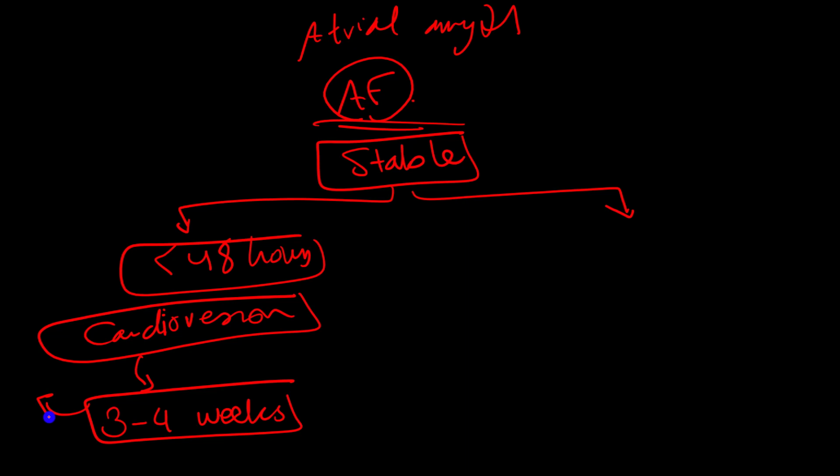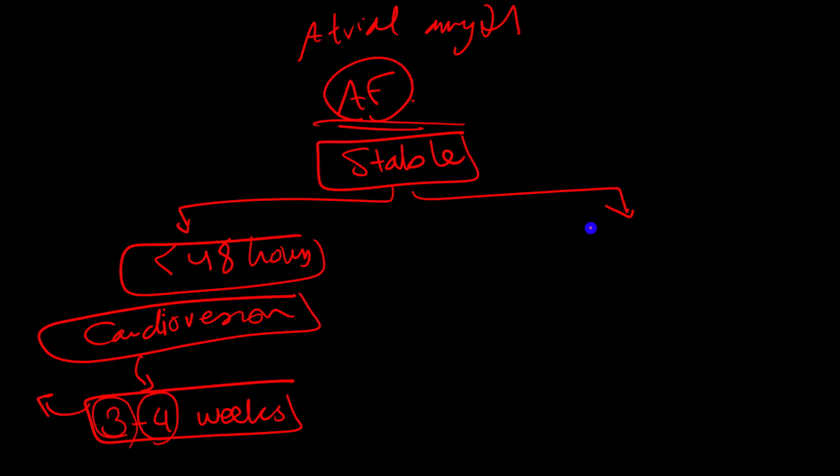Okay, and this is because after the reversion of the AF back to the sinus rhythm, actually there will be some time where there is some sort of electromechanical dysfunction. So the atrial activity actually will not come back as soon as I perform the cardioversion. So I have to give the patient anticoagulation for 3 to 4 weeks.